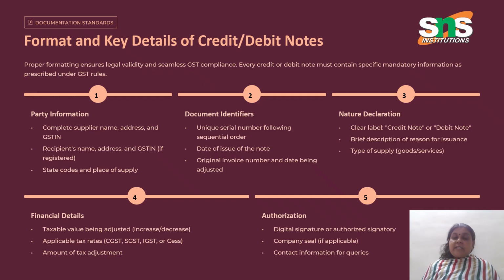The GST number is more important. There should only be financial details, and there should not be any undue effect on any parties. It should be signed or digitally signed. Only then it will be accepted in law.